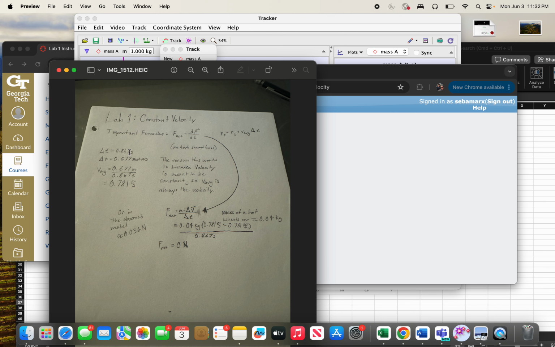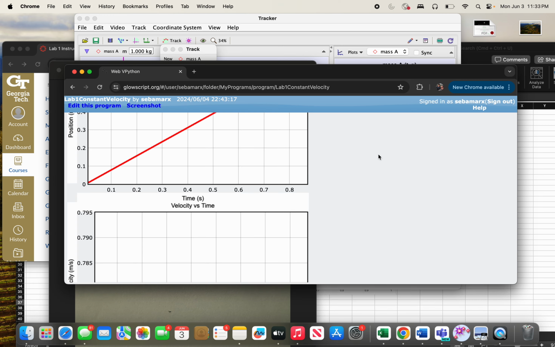So our change in time ended up being 0.867 seconds, and our change in position ended up being 0.672 meters. When you put those together, using the velocity average formula, you end up getting 0.781 meters per second.